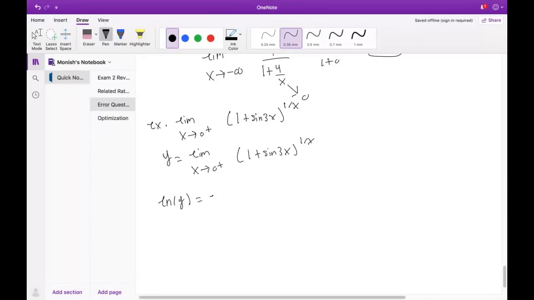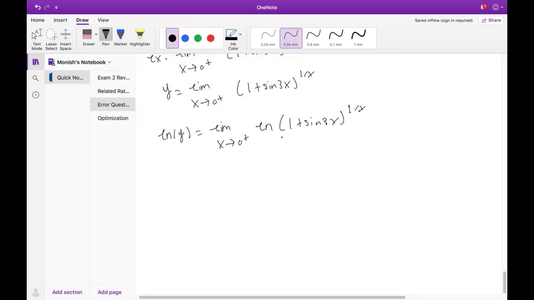So ln y is the limit as x approaches 0 from the right. Technically the ln starts before the limit, but there's a rule where you can change the place of the limit and the ln.